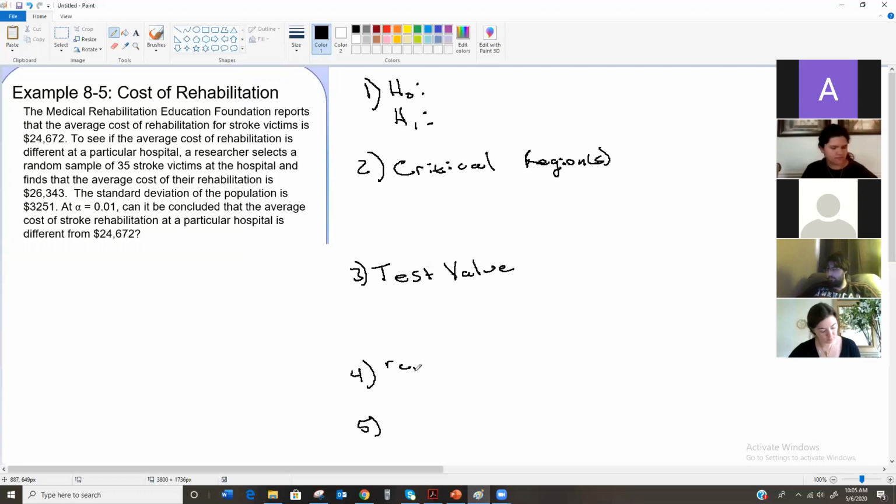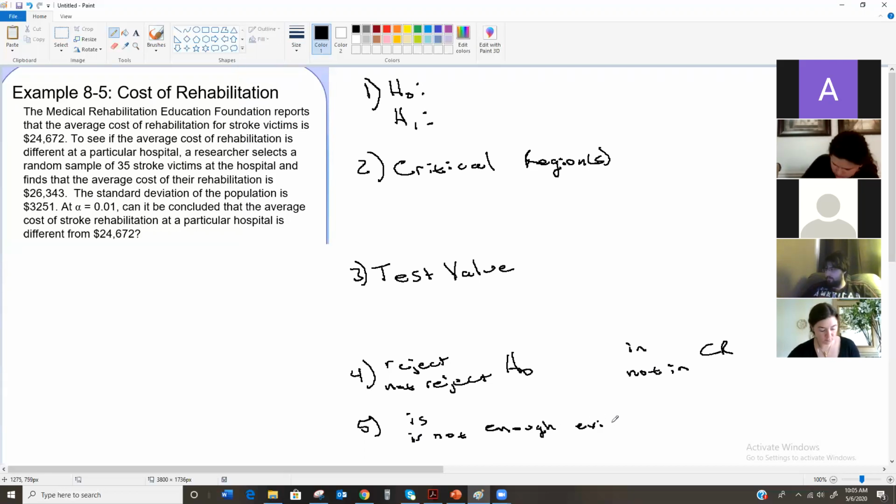In other words, are you going to reject or not reject the null hypothesis? And are you in or not in the critical region? And then that means there is or is not enough evidence. So I'm going to leave that at that, give you a second to work on that, and before I talk.